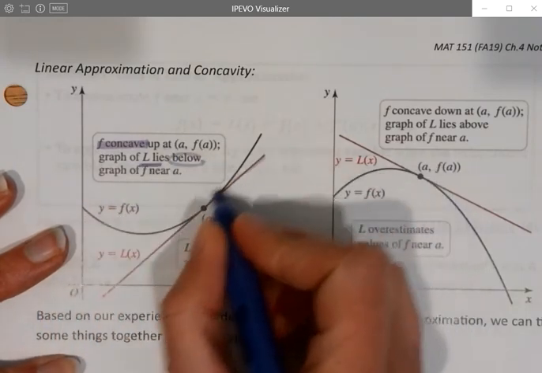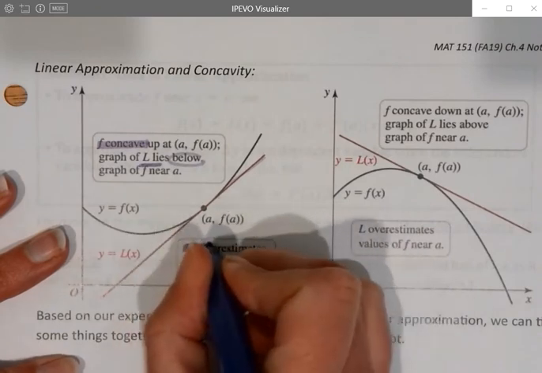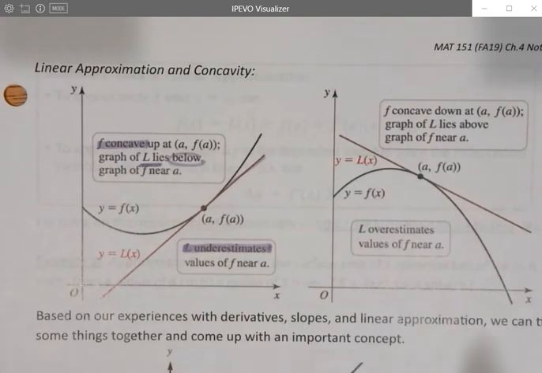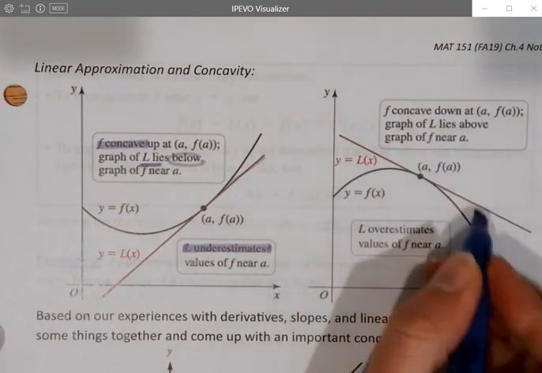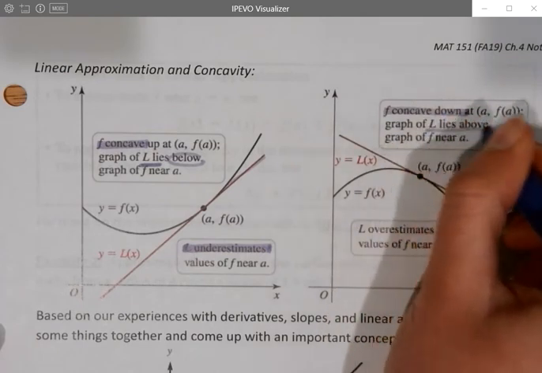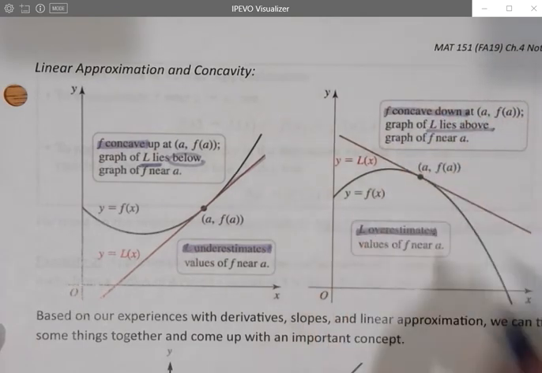So L is going to give you an underestimate of those values. Versus if you are concave down, you know that L lies above the graph, and so L is going to give you an overestimate.